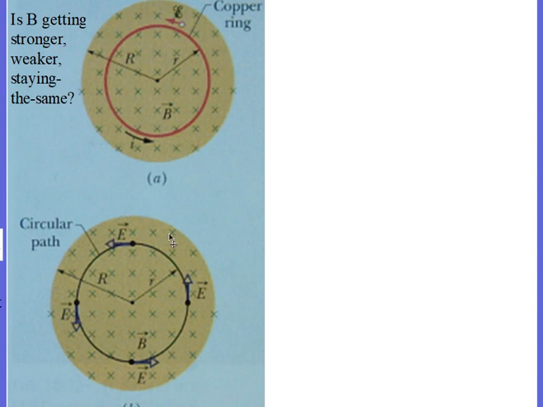And then they go on, and it's the same exact scenario, except this time it's not a copper ring, it's just a circular path. There is no thing there, at least no thing that conducts electricity.